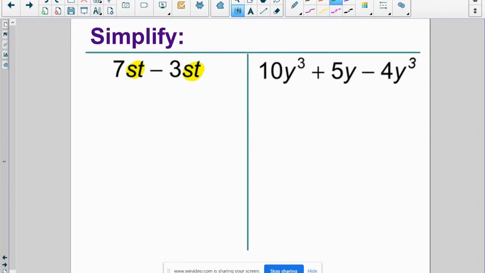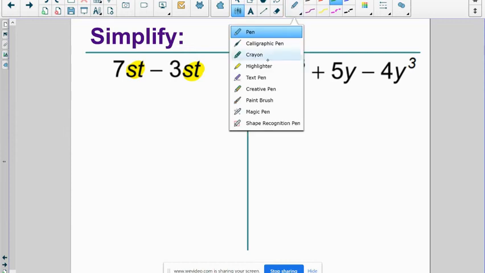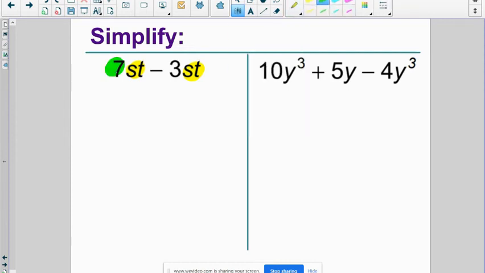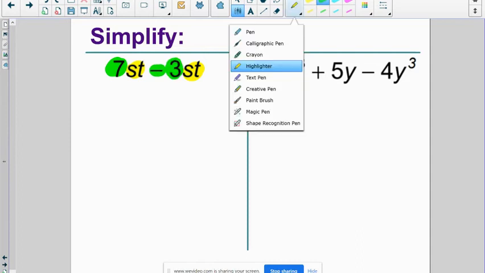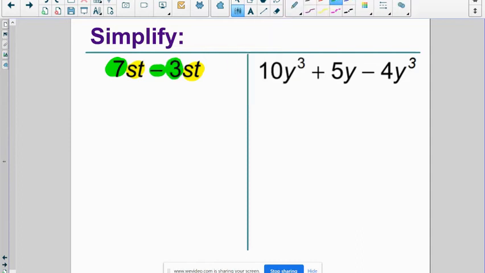So when we combine those, we really are just subtracting, in this case, the coefficients. We have 7 of something, and we're taking away 3 of the same thing. Well, that would leave me with 4 of the st. 4st is the final answer there.